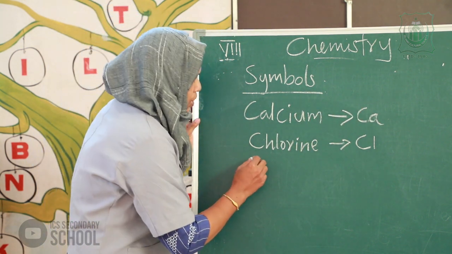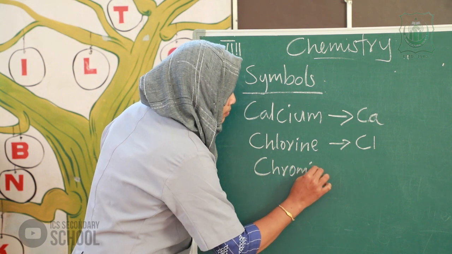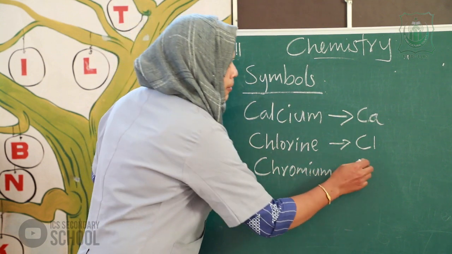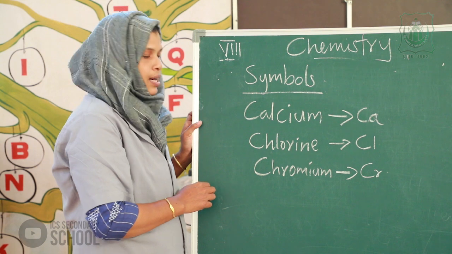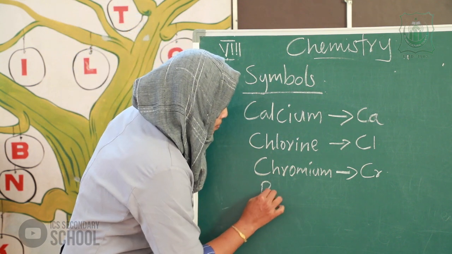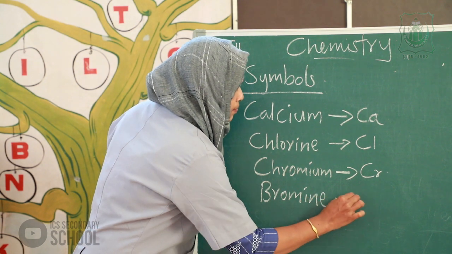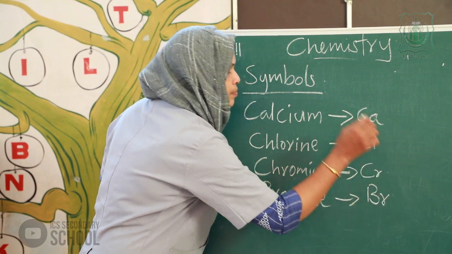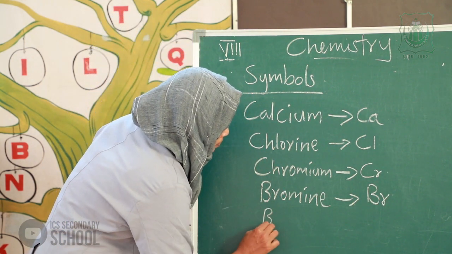Next one, chromium. Symbol is Cr. Next one, bromine. Symbol is Br. Next one, beryllium.